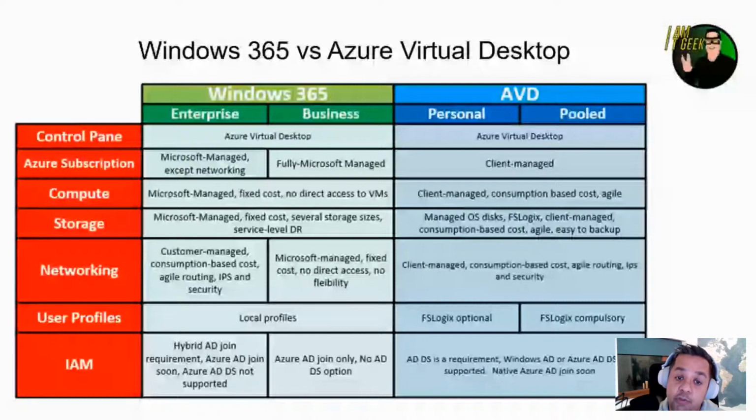When we go to the user profiles, coming towards the end now, both for enterprise and business Windows 365, local profiles. Again, it's very similar to a PC at home, a physical PC. You have local profiles. Azure Virtual Desktop, FSLogix is optional for the personal pools.